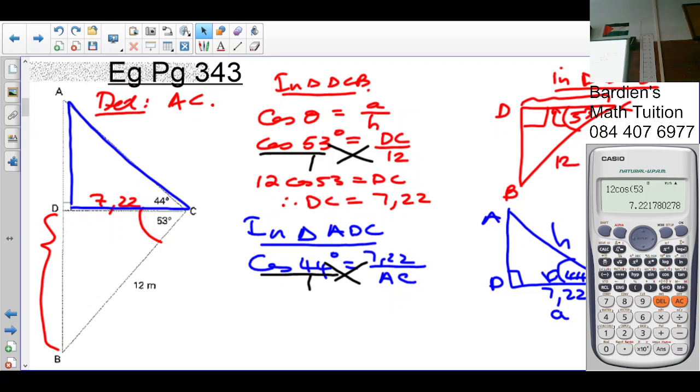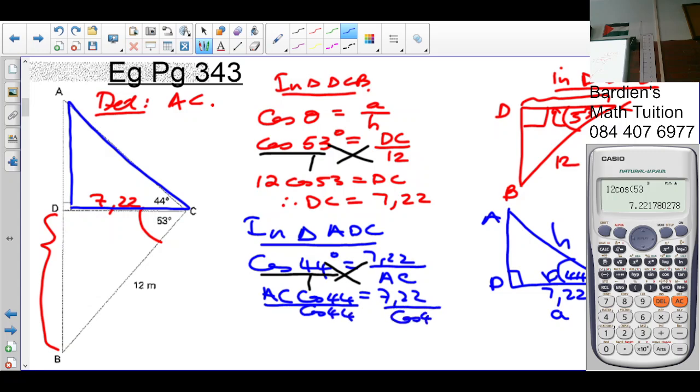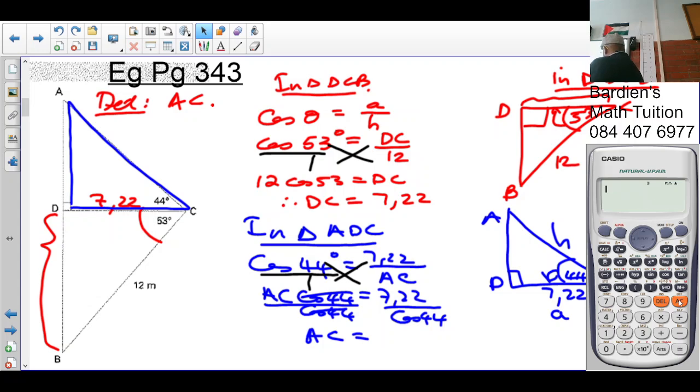Okay, so we cross multiply, we get AC cos 44 is equal to 7,22. How do we get AC on its own? Divide by cos 44. So AC is equal to, now remember 7,22 was the last answer calculated in the calculator.